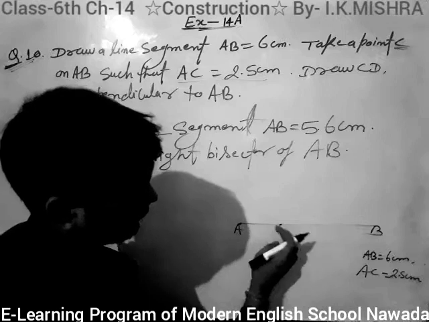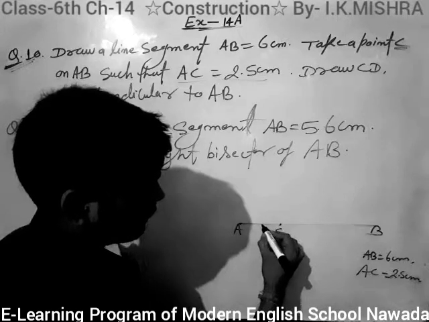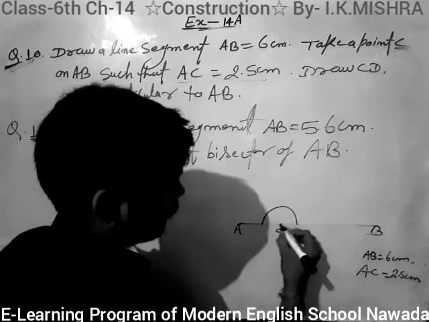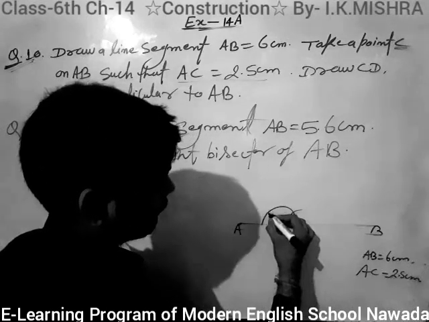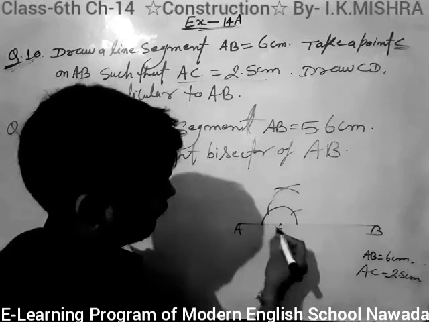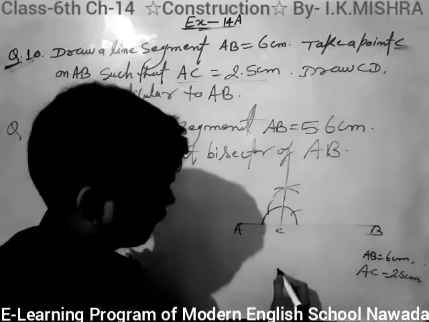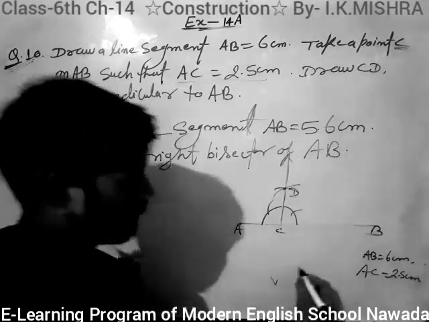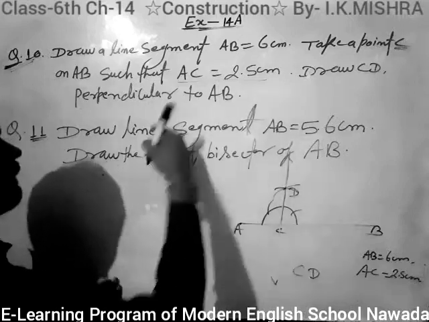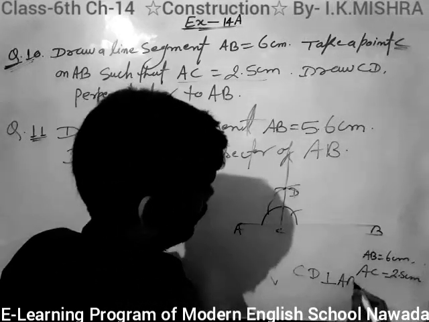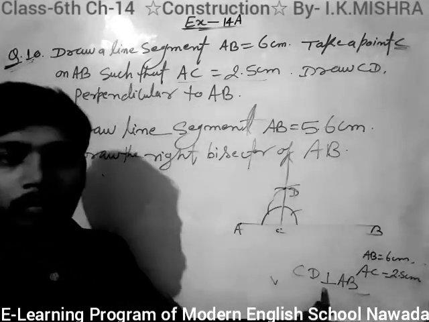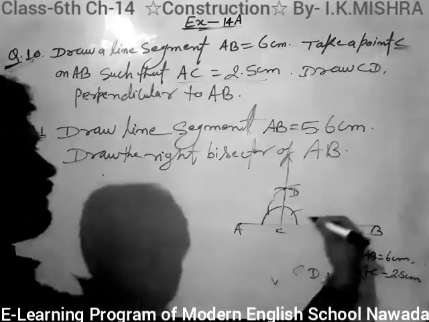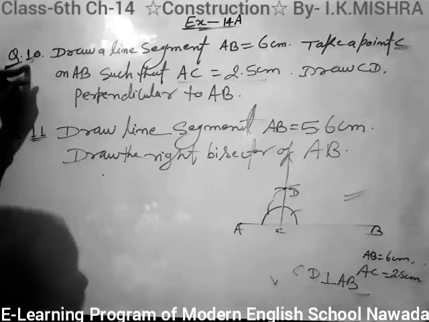That means you have to draw a right angle. So first of all draw 60 degrees, then 120 degrees, cut, and join this. Students, here is point D. CD is perpendicular to AB, as you know this is the symbol of perpendicular. So this is the construction of question number 10.